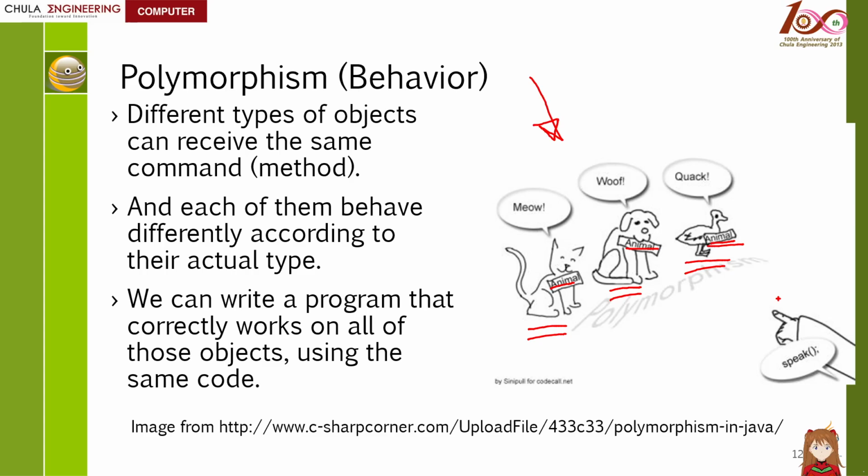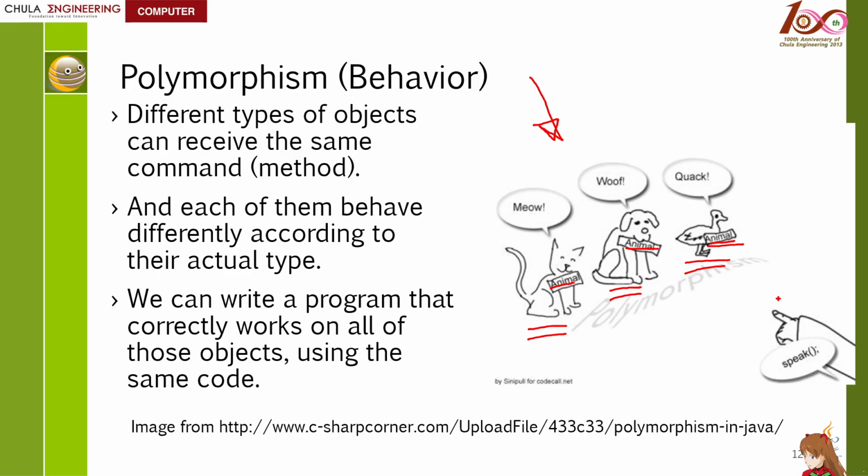So I can define a cat that inherits from animal, a dog that inherits from animal, and a duck that inherits from animal. And I can define a common method, speak. I can define speak in animal, and then in cat, in dog, and in duck, I can define their own speak method.